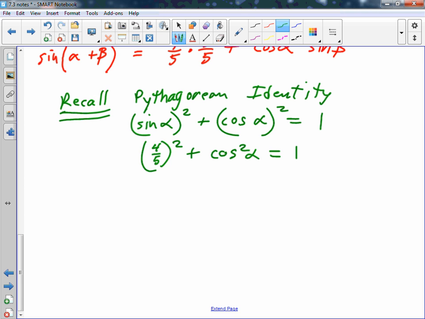Anton, help me out. These guys are being non-cooperative this morning. Okay, so I can say cosine squared alpha equals 1 minus 4/5 squared.